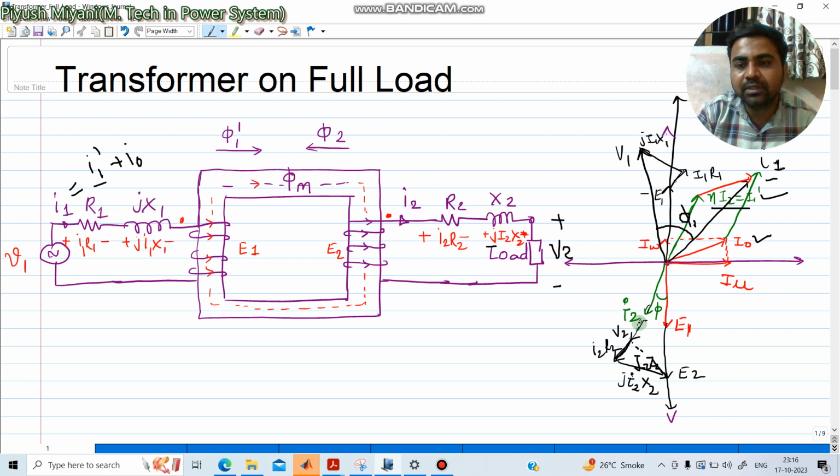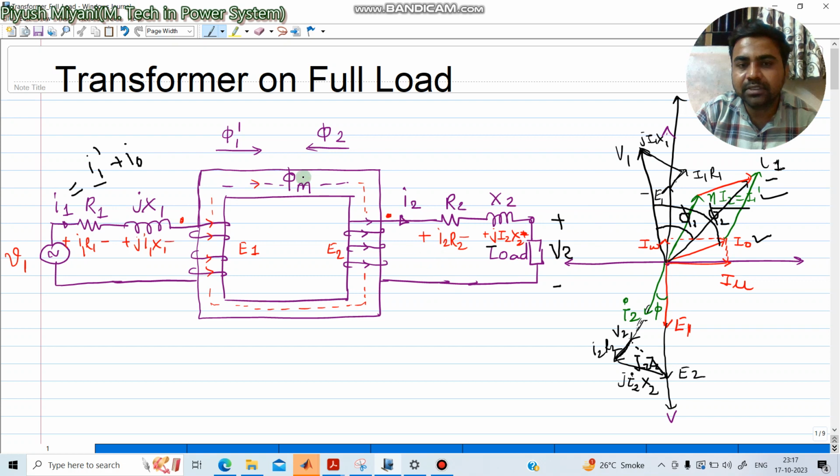With a resistive load the power factor on the secondary side will be 1, but on the primary side, in the presence of no load current, the power factor is a bit lower, but it will be improved compared to no load, because in the no load condition our angle would be this bigger angle. Let's say this is phi 2, so phi 2 is quite bigger than phi 1. So as you increase the load on the transformer, your power factor will ultimately improve on the primary side.